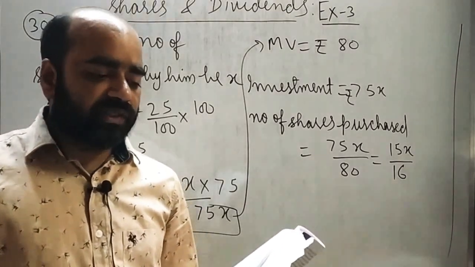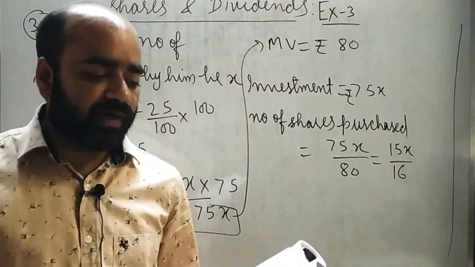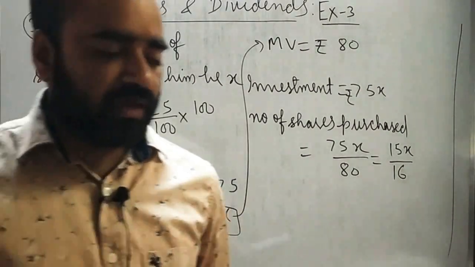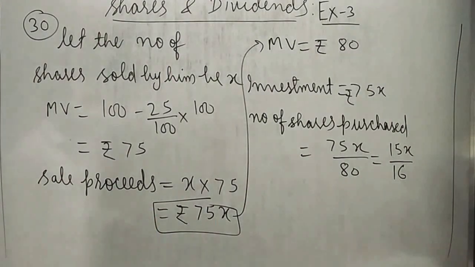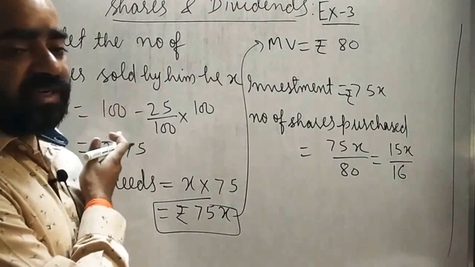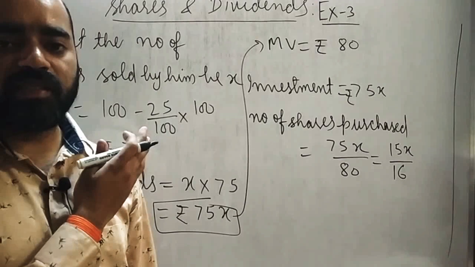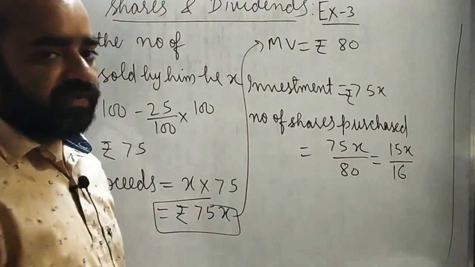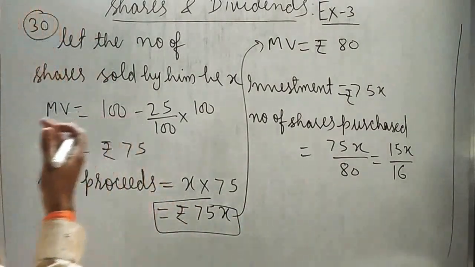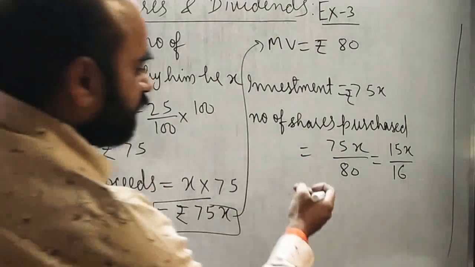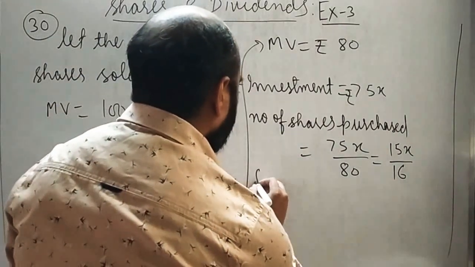Now we have to see, and thus increased his income by rupees 2000. Increase in income means we have to calculate the initial income and the final income. So what is the final income?